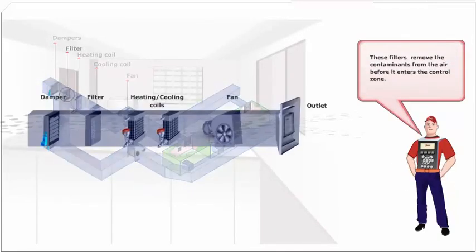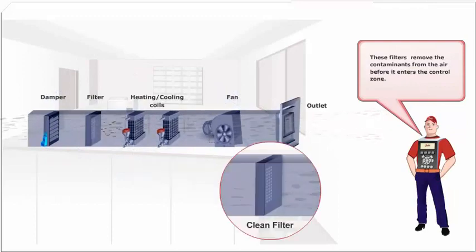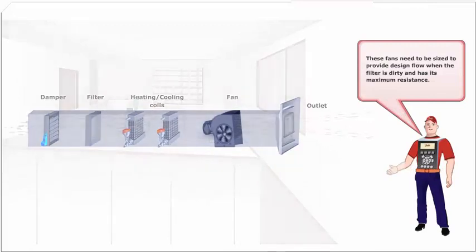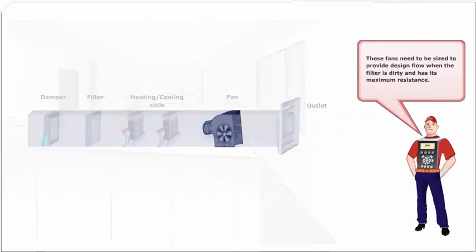These filters remove the contaminants from the air before it enters the control zone. Sometimes, these filters are also fitted with exhaust fans, which remove the air from the zone and channel it to outside. These fans need to be sized to provide design flow when the filter is dirty and has its maximum resistance.